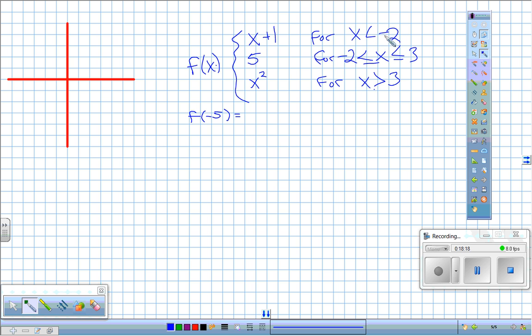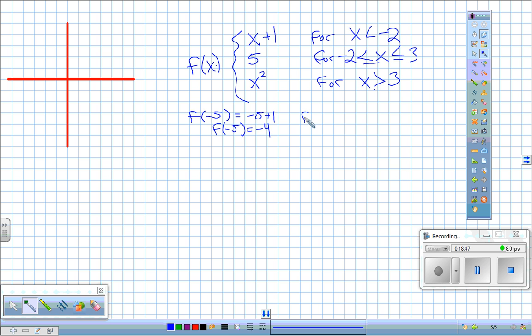So -5, is it less than -2, between -2 and 3, or greater than 3? So since -5 is less than -2, I can plug it in for that x, and it's a true statement. I'm going to plug it in to this equation. So I will have -5 plus 1. That means that my f of -5 equals -4.